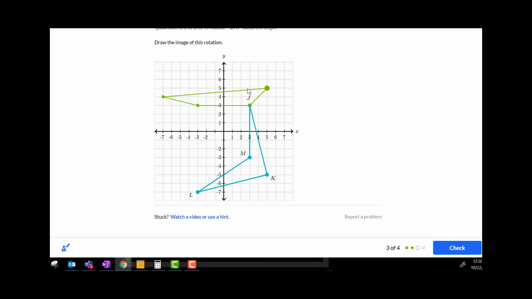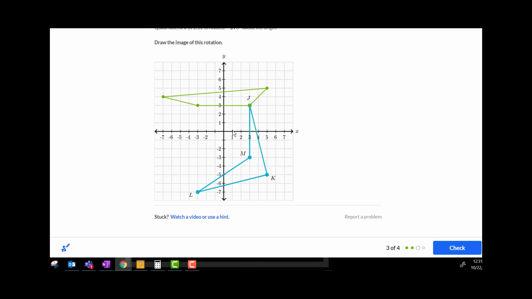Okay, so here's 5 and 5 in this quadrant. So this is K prime right here. All right, last one, L. L is in this quadrant. It's going to move clockwise 3 quadrants. 1, 2, 3. So it's going to end up over here.